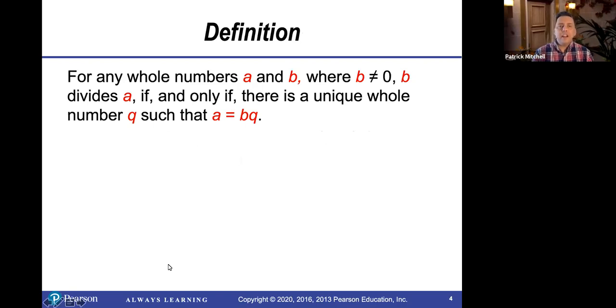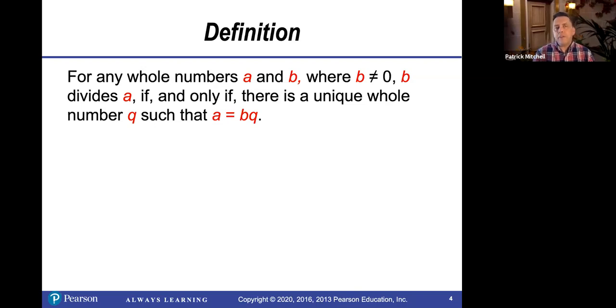So here is the definition for any whole numbers A and B, where B is not 0. B divides A if and only if there is a unique whole number Q such that A is equal to B times Q. So this reminds me a little bit of the division algorithm from the last section of Chapter 3.